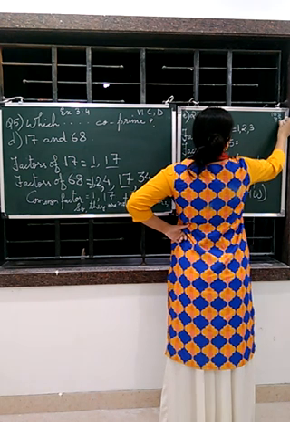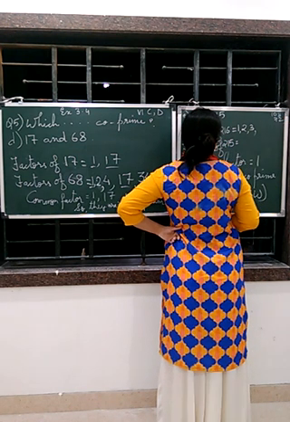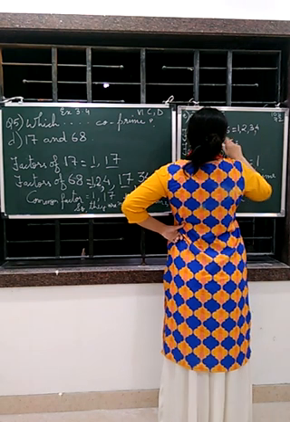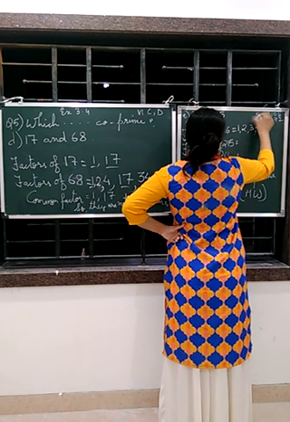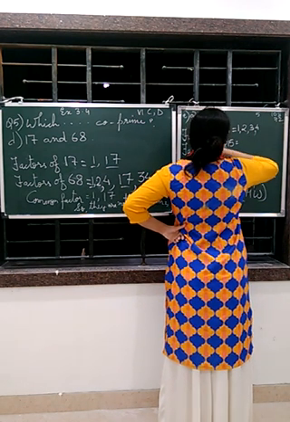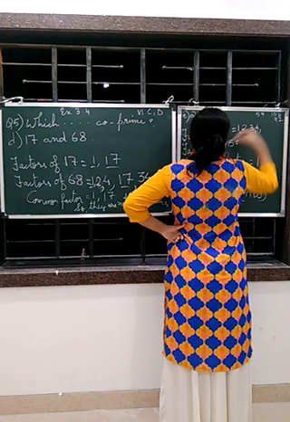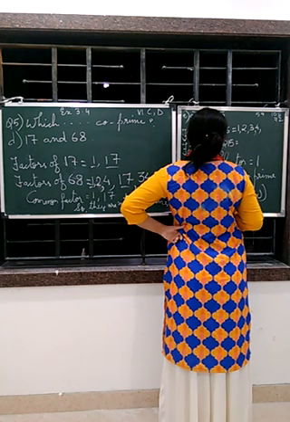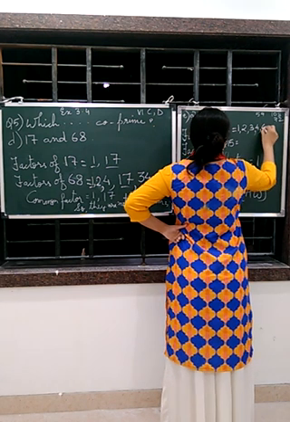Then it will be 4. 4 fives are 20 and 54. Then 5 will not divide. 6 threes are 18, it will go by 6 also.